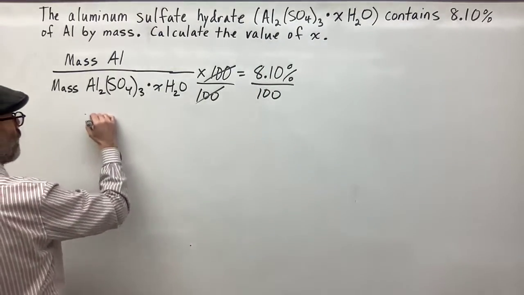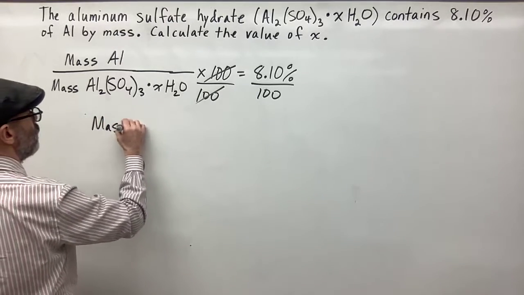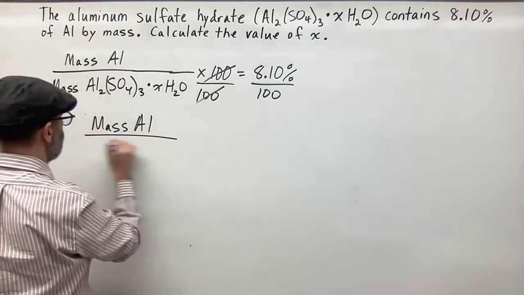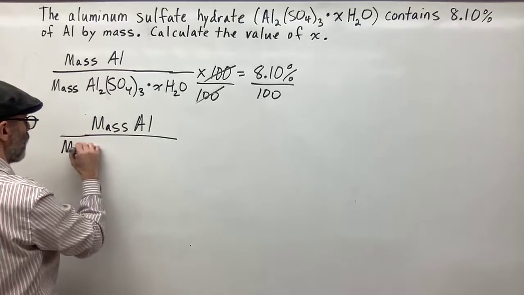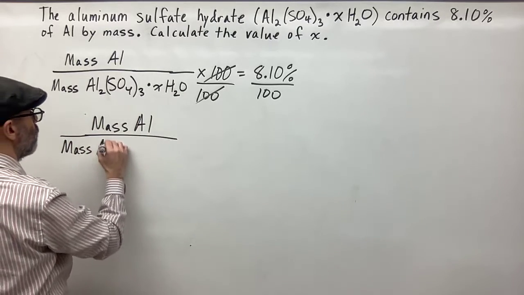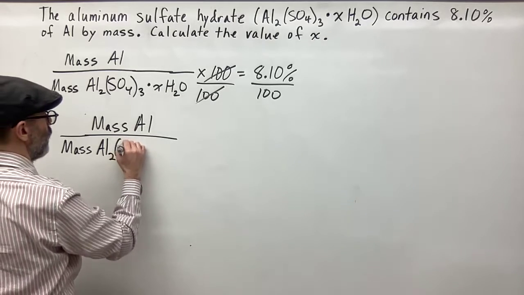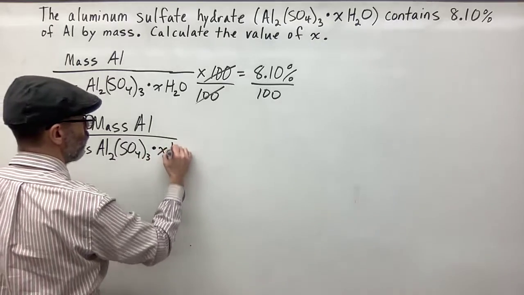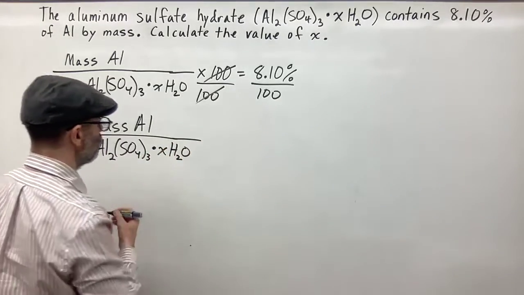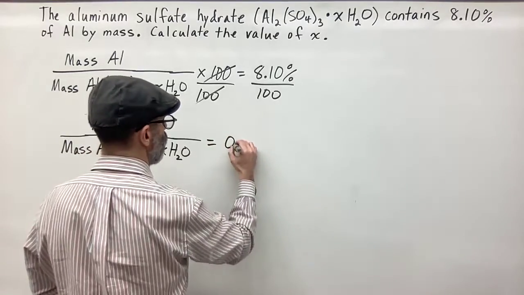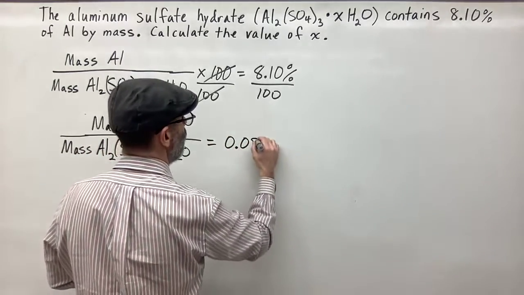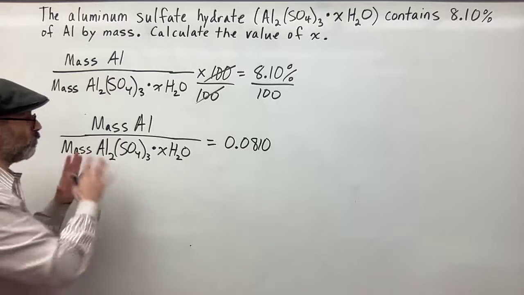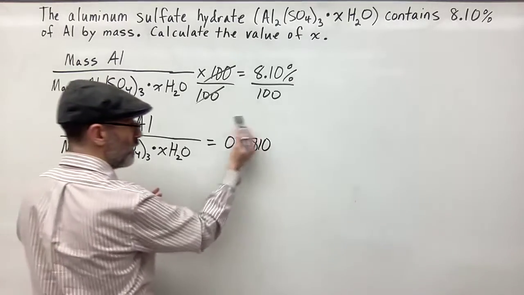So then what's going to happen is that I have the mass of the aluminum in this compound divided by the mass of the compound, the hydrate, Al2SO4 3 with X number of H2O molecules, and then that's going to be equal to 0.0810.